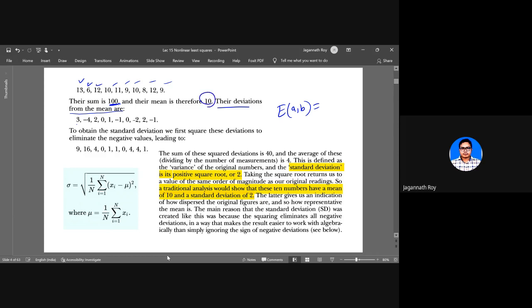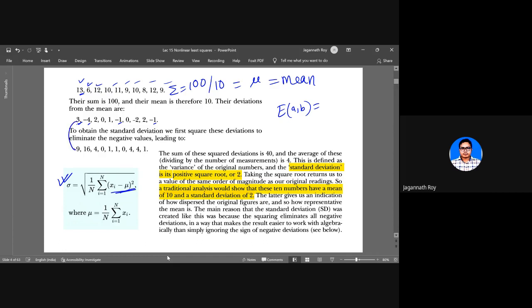So the mean mu is actually 10. Now if you take the deviations from the mean of each number, some of the deviations are positive and some are negative. The standard deviation formula demands the square root of the average of the sum of the squares of the deviations.